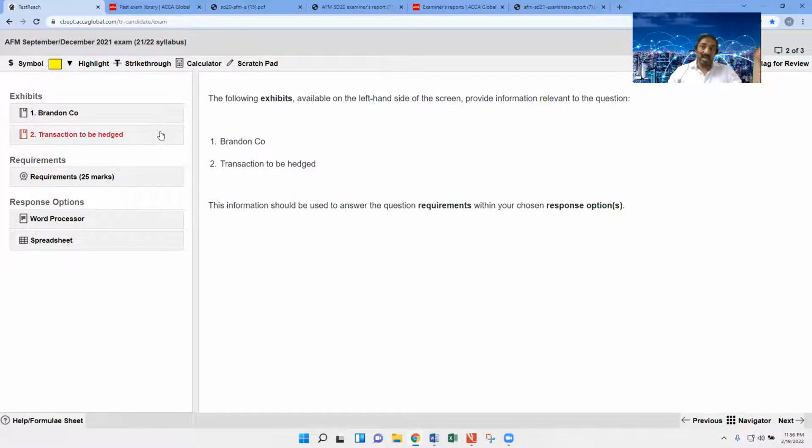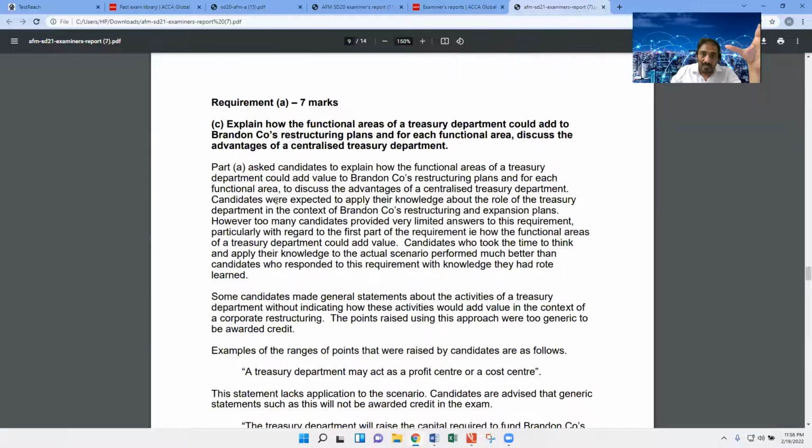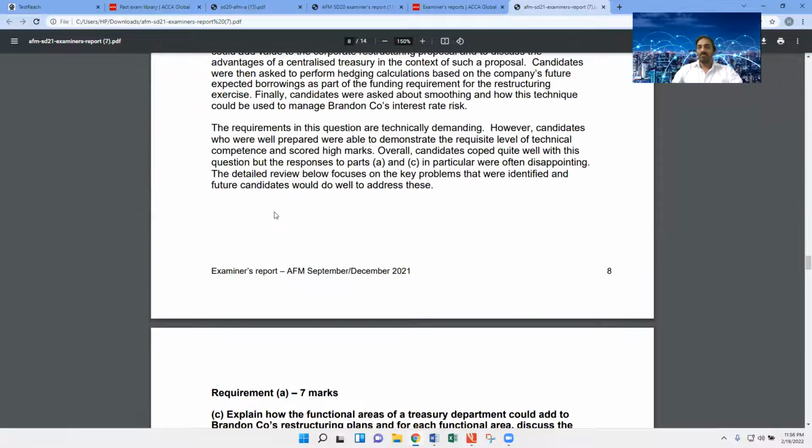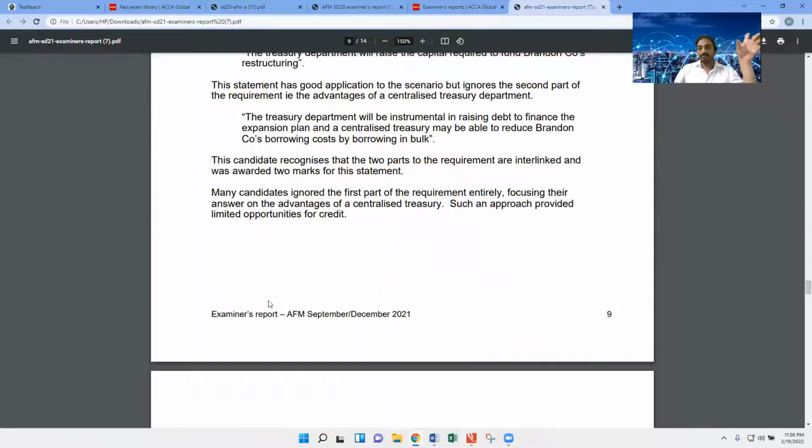Then compare your answer with the exam simulation. You have to attempt it under exam simulation. Attempt, and then compare your answer with the model answer and also read the examining report, from which you identify what mistakes the students have made and what the examiner's expectation was, and then move on accordingly.